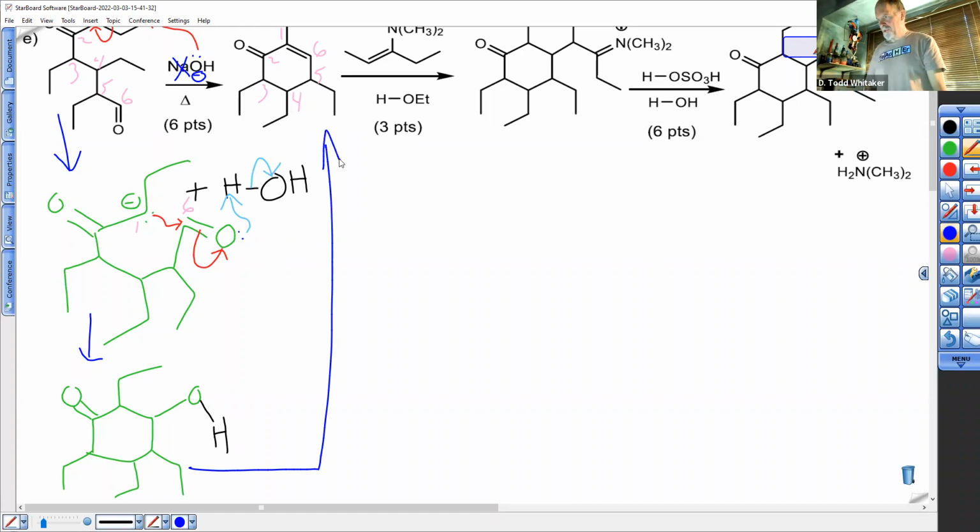How does one do such a thing? Well, you need to remove a second alpha H because there's an H here that is not here. You have to remember you just generated hydroxide in this mechanism as well, so that you can use it to take that alpha H, generate a pi, and hydroxide is the leaving group.